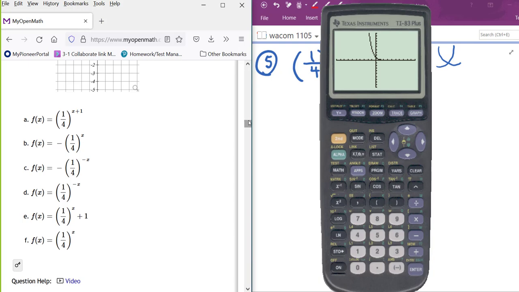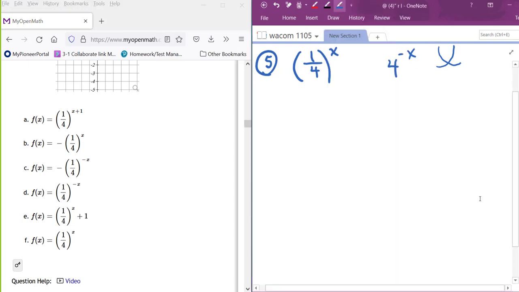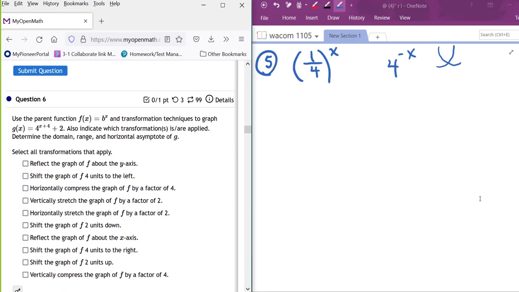All right. For question 6, you've seen these kind of questions before in the transformation section. So it's just doing it now to the exponential function. So we'll do 1 here.